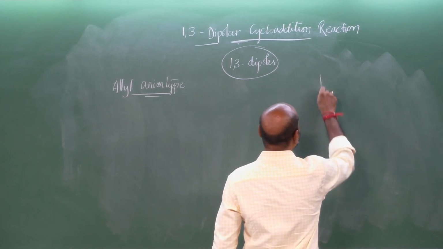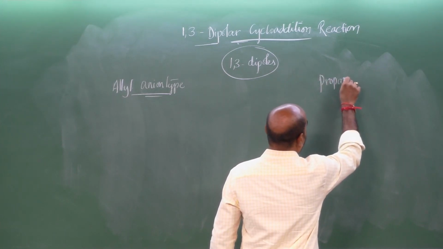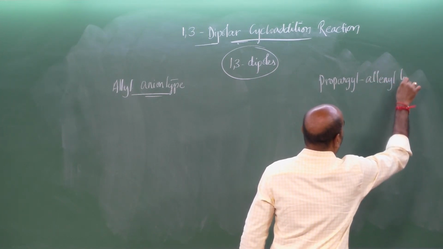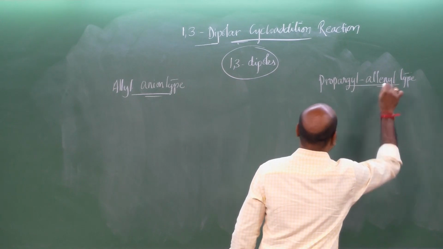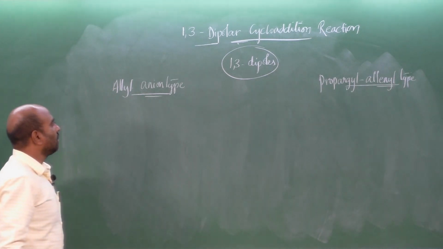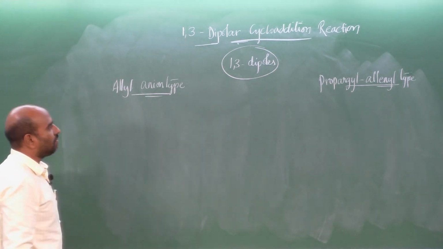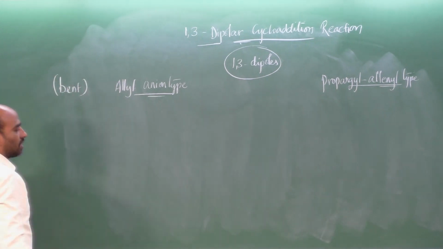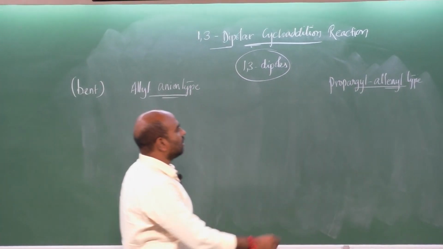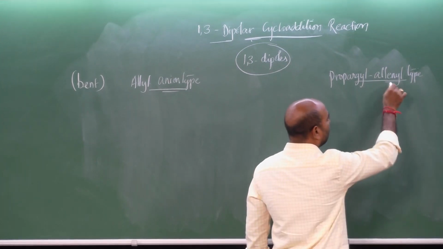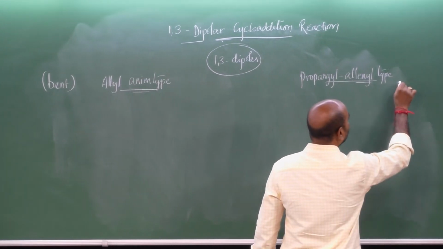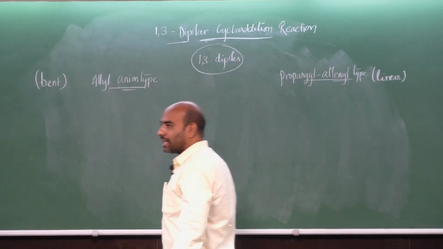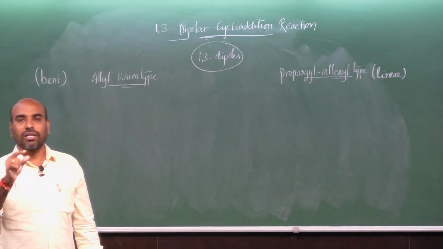And the other is propargyl allenyl type of 1,3 dipole. Coming to the structure, the allyl anion type of 1,3 dipoles are bent in structure, whereas the propargyl allenyl type of 1,3 dipoles have a linear structure, and in both cases the center atom must be nitrogen.